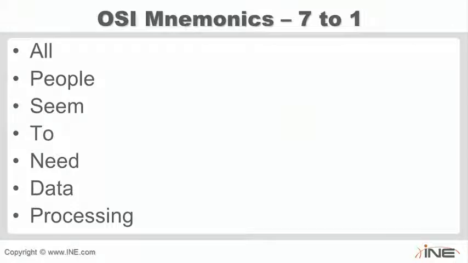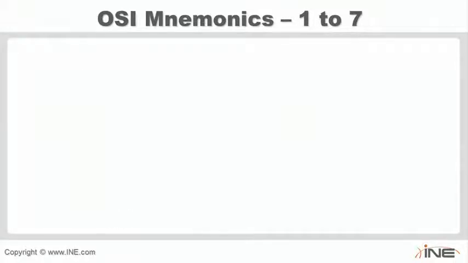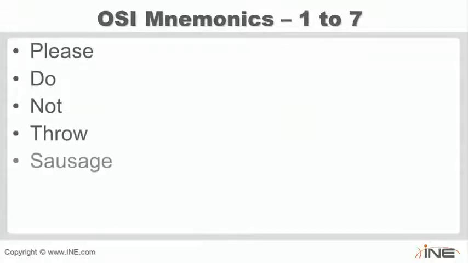Or if you were to go the other way from 1 to 7, Please Do Not Throw Sausage Pizza Away. So physical, data link, network, transport, session, presentation, and application. And those should be covered in these Cisco Press books as well. These two are pretty common for it. So I will make some printouts of this as well, but it's one of those things that you want to make sure you know the names of them and then specifically what are the functions of them.